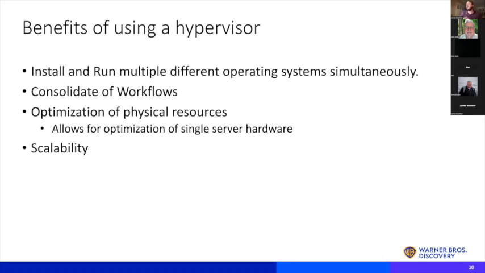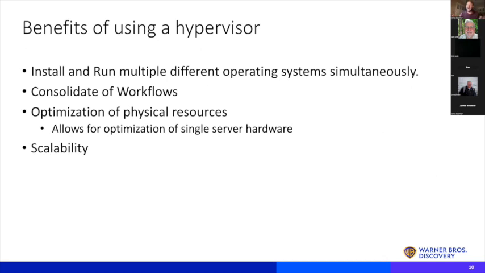Now, some of the benefits of a hypervisor are I can install a whole bunch of different virtual machines with different operating systems and run them simultaneously. I can consolidate workflows. And I have an optimization of physical resources with these. So back in the old school days, I had an edit bay. And maybe 2% of the time, it was actually using 100% of its power when a machine was rendering.